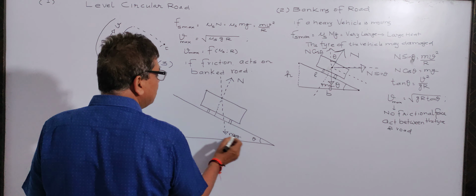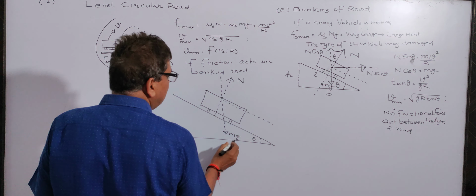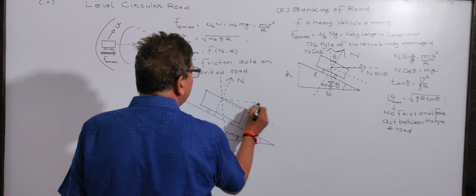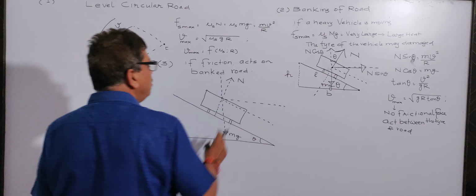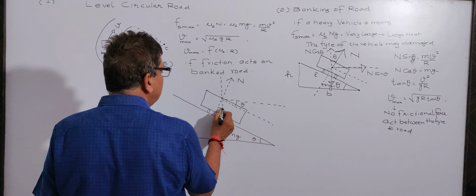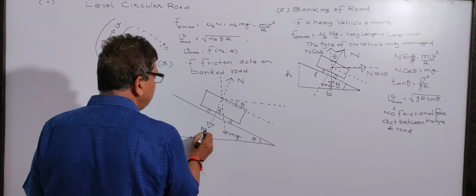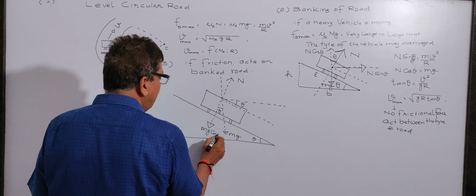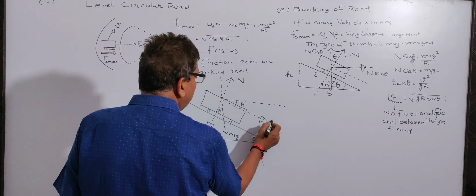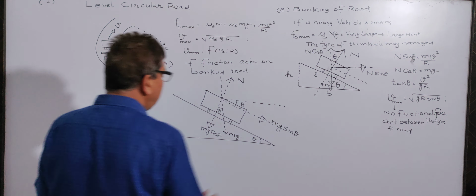This is theta, and this angle is also theta, this is 90 minus theta. In this direction the component of weight is mg cos theta, and in this direction the weight component is mg sin theta.